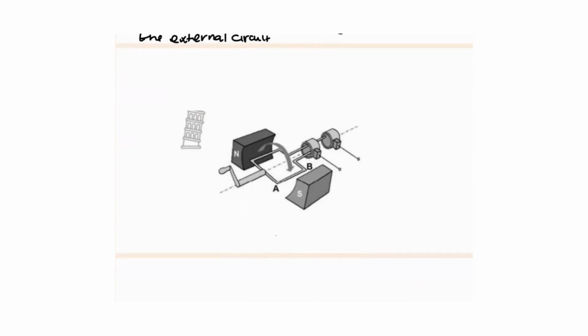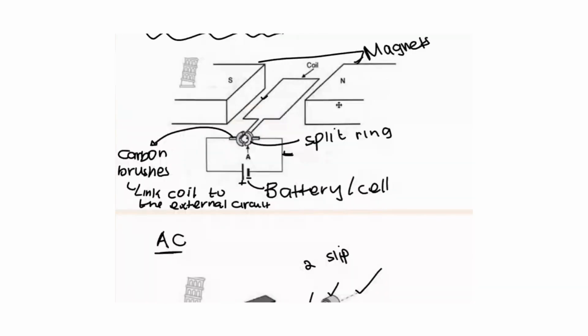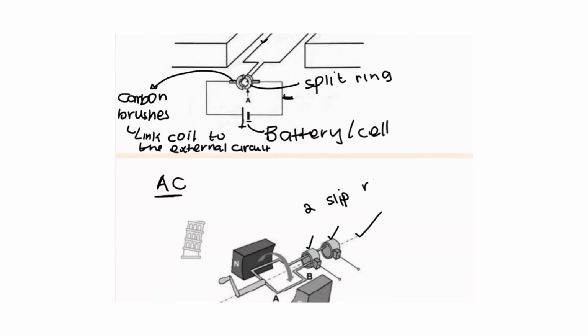Then if we look at this one, it will definitely be an AC. We can't really tell if it's a motor or a generator because we don't have this part there, but it's an AC structure. Why? Because it has two slip rings.